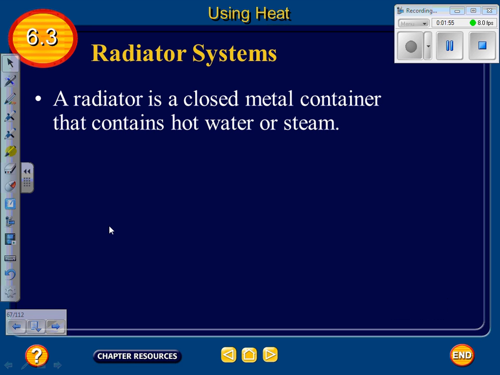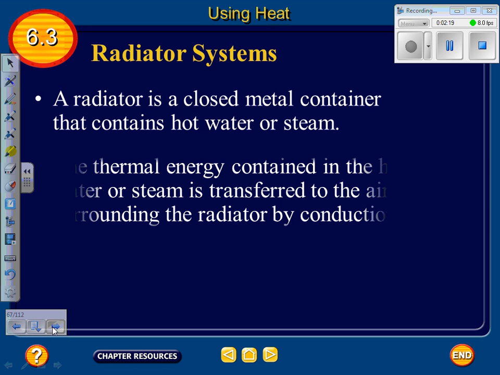Another type of system in some older homes, and you can also say in some newer homes, is what's called hydronic heat. I know my house has hydronic heat. There are baseboards on the floor with little baffles, and hot water flows through that system and heats up my rooms. A radiator is a closed metal container that contains hot water or steam.